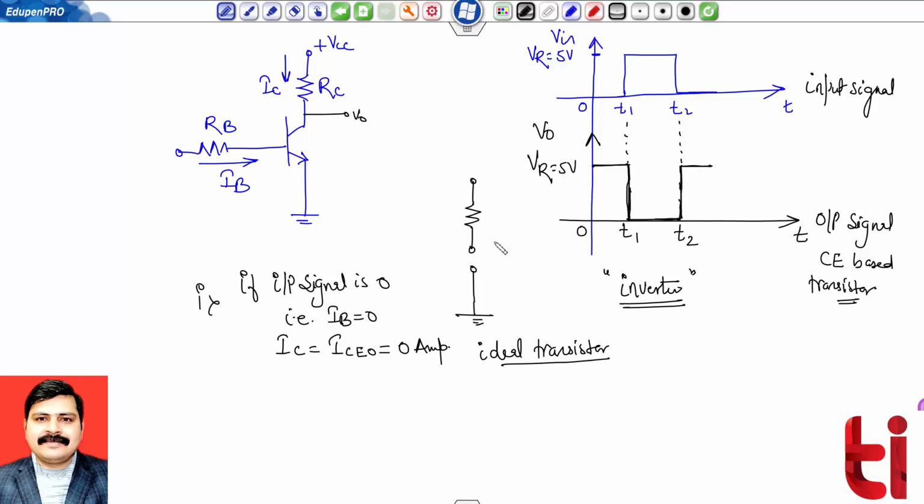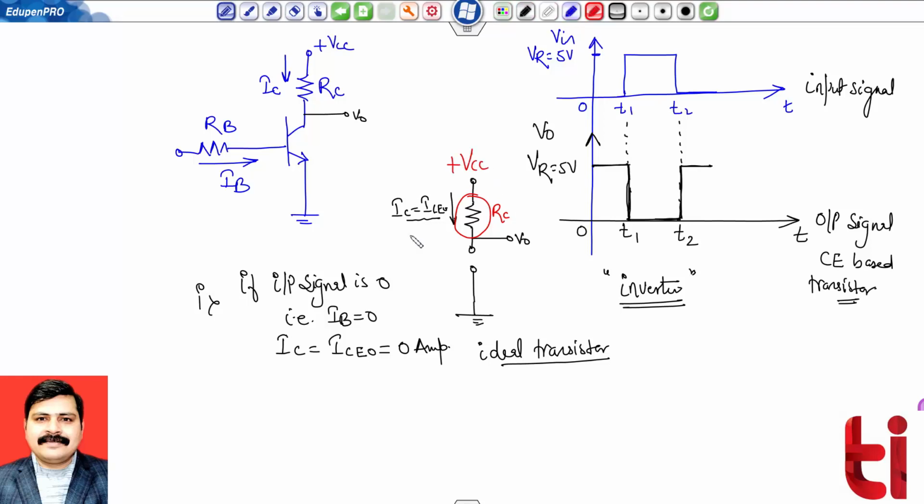I'm measuring the output from here, and the flow of current over here is IC equal to ICEO. As this ICEO is 0, as we have considered, the drop across this resistance RC will be equal to 0.